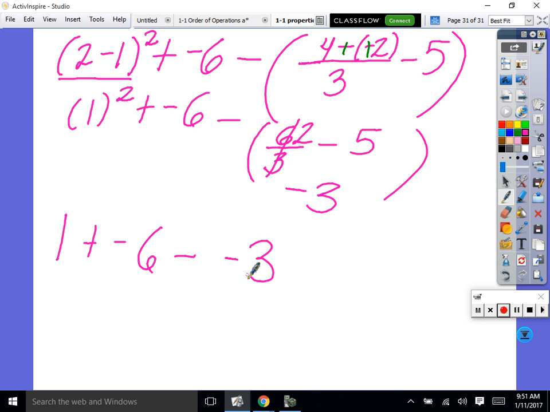You can just type that into your calculator, and it looks like we're going to be at 1 minus 6 is negative 5 plus 3. Did I mess up again? No. Yeah, so we are good, right?